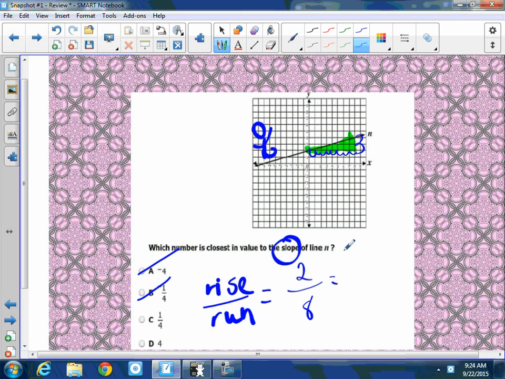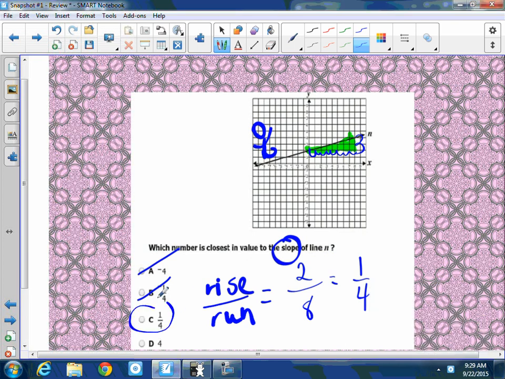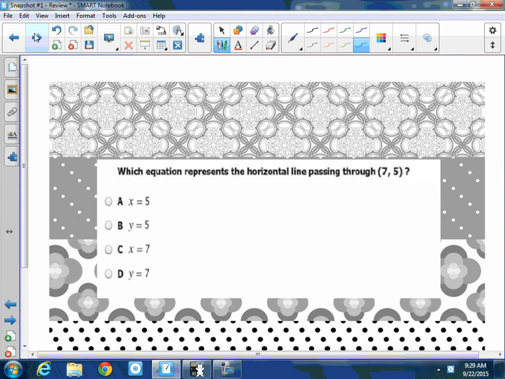And then you simplify that, and that would be 1/4. So after you simplify, the correct answer would be C, 1/4. Go ahead and stop. Try it out.